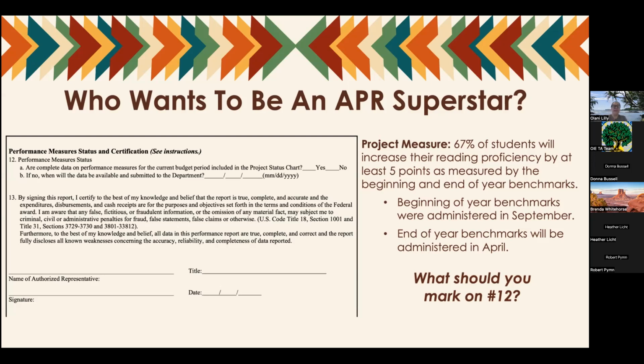Again, if we take into consideration that our reporting period ended on March 31st, 2023, then we do not have all of our data, so we would be checking no. In addition, we would be providing the date on the bottom that would reflect when we will be having that data, and that data can be received by 9/30/2023. And then we would know that that would indicate we would be seeing an APR update from you.